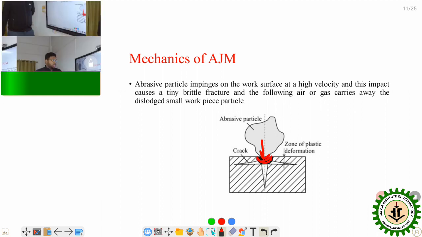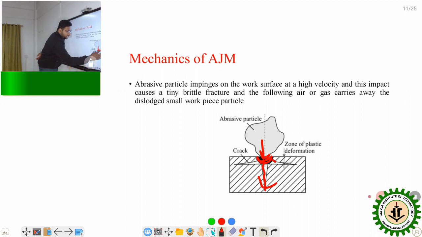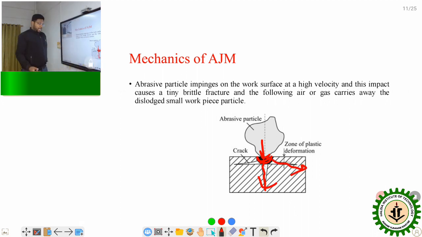But as we know, the high pressure will impact on the workpiece and it will actually create a crack over the surface, and that crack may propagate through the workpiece in this manner. So there is a high chance that it may create an internal stress or internal crack in the workpiece.